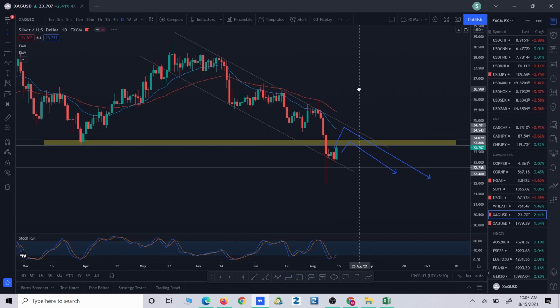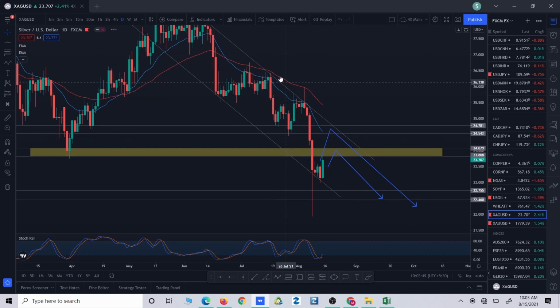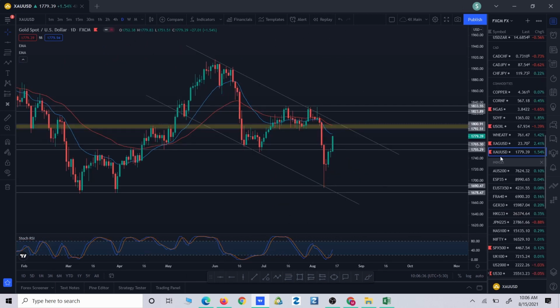Both of these zones are very strong to look for short opportunities. Also, the price is moving in a channel, so the upper trend line of the channel is also going to act as a resistance if the price pulls back to this zone, along with the moving averages, which already acted as resistance in the past.